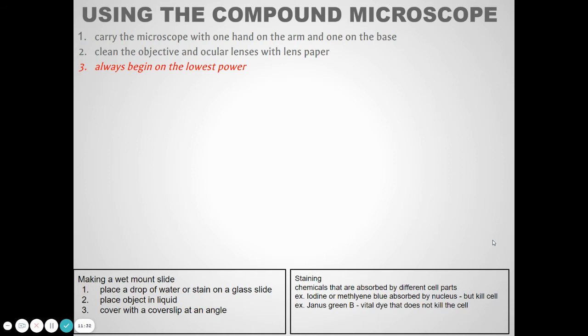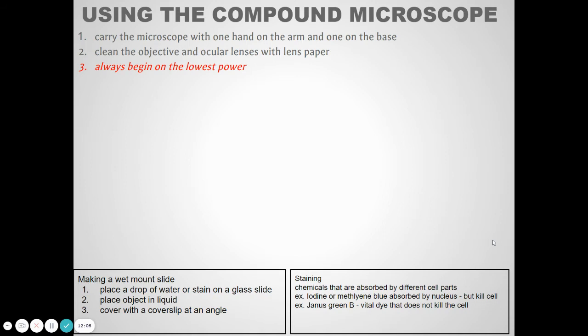And when we are going to look at something, we always want to start on low power. That's the key thing. Start on low power. So when we're using the compound microscope, what we're looking at is usually on a slide, a little piece of glass, a rectangular piece of glass we call a slide.